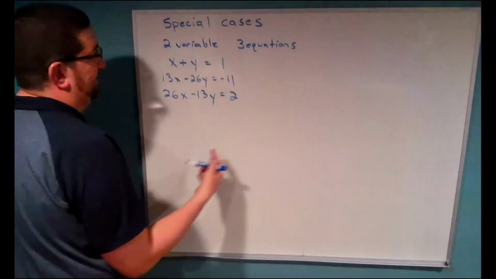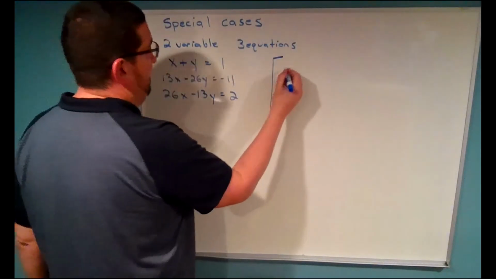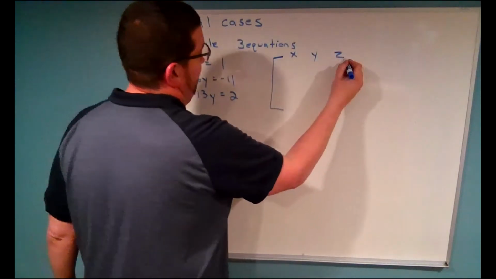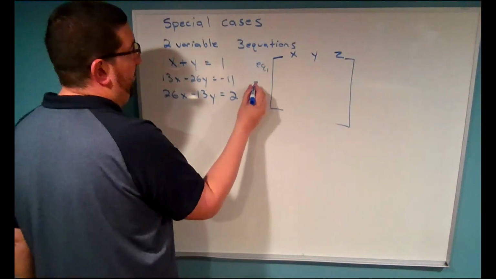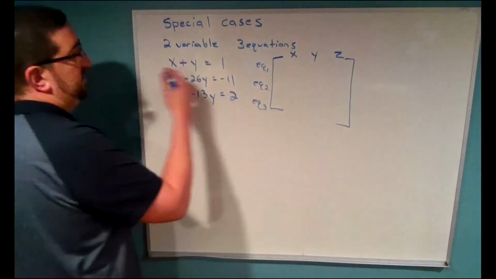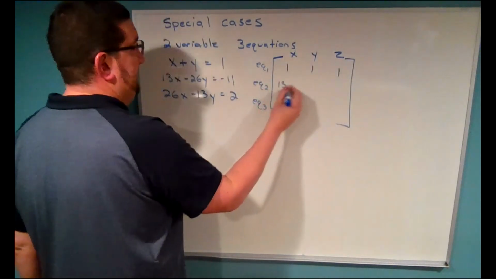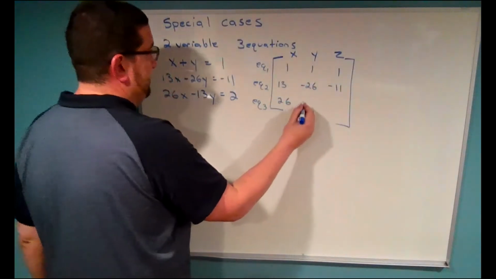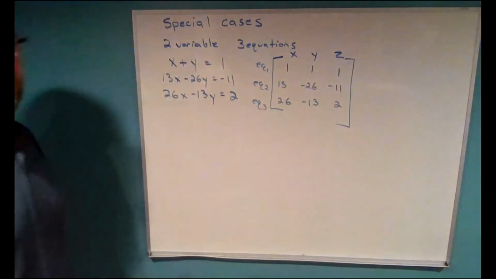So our augmented matrix in this problem is going to have an x column, a y column, and a z column. We're also going to have an equation 1 row, an equation 2 row, and an equation 3 row. So this is 1, 1, 1, 13, negative 26, negative 11, and 26, negative 13, and 2. This is a 3 by 3 matrix.